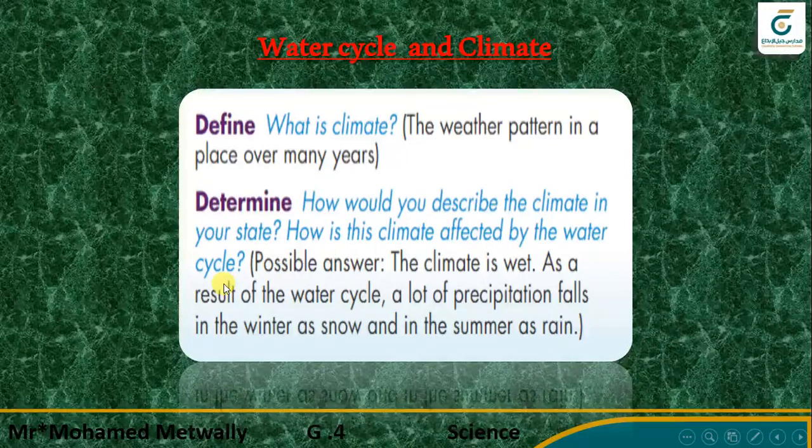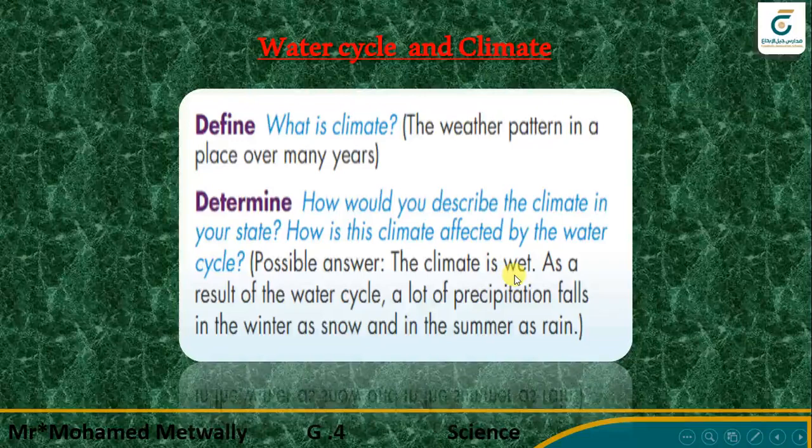There is a strong relationship between the water cycle and the climate and weather. Like we said, the amount of water or vapor in a place will affect the precipitation process. So we can describe the climate or the weather according to the amount of precipitation and water vapor in this place. Going back to our question, the possible answer here is the climate is wet.